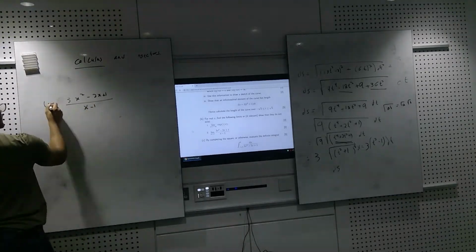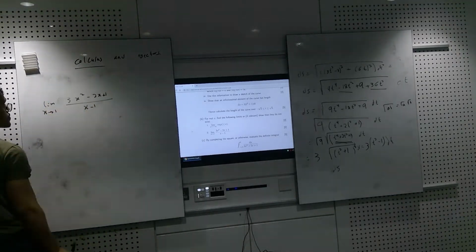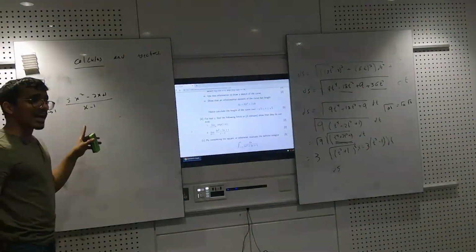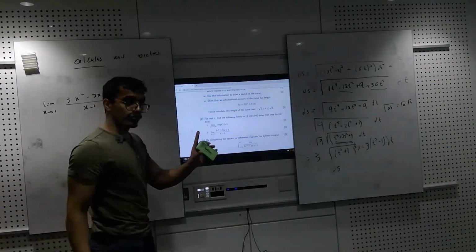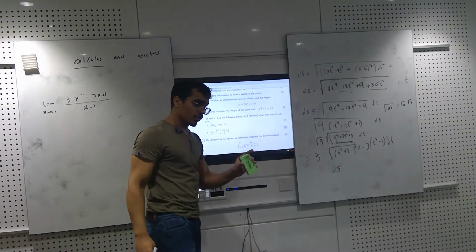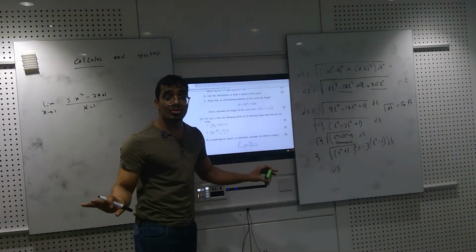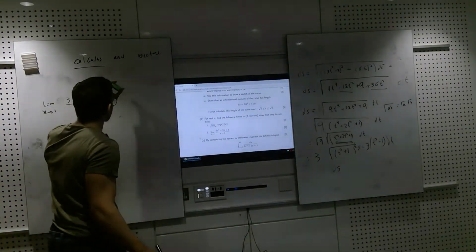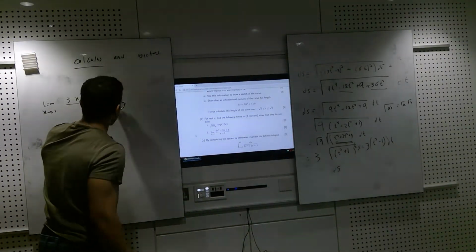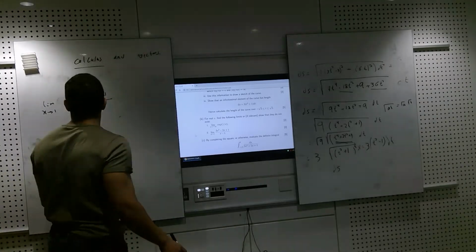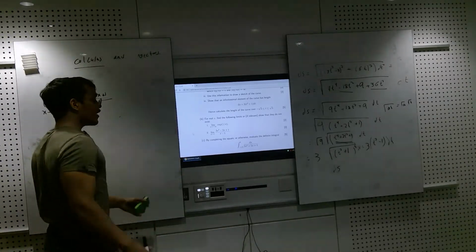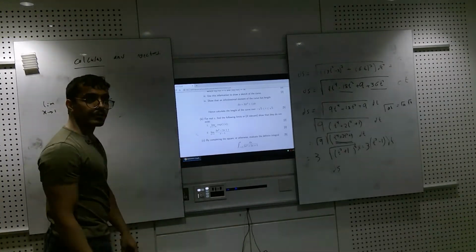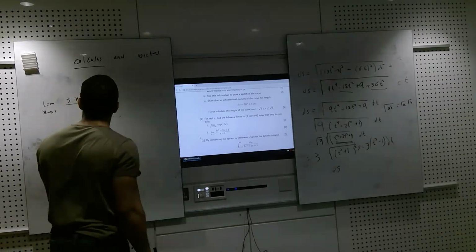With this one, you have to pay very close attention. You can't use L'Hopital's rule directly. You can't say, okay, I'll differentiate this and differentiate that, life is beautiful, substitute 1 and it's over. It's wrong, because it's not 0 over 0.